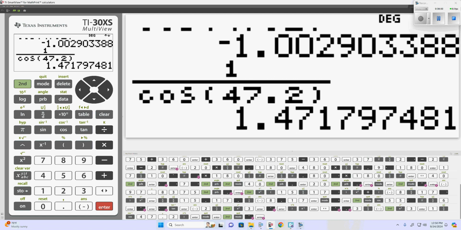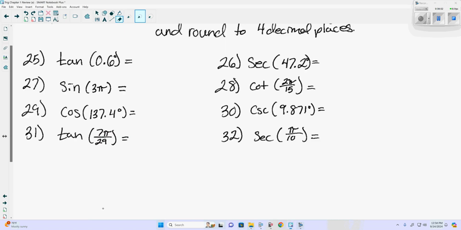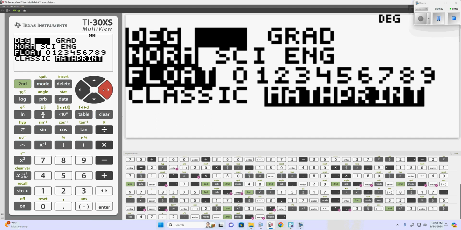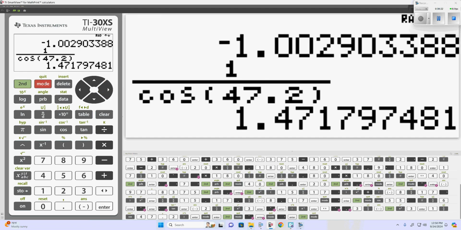It's just making sure. Well, 26 is in degrees. We go to 28. Because 2 pi over 15, that is in radians.